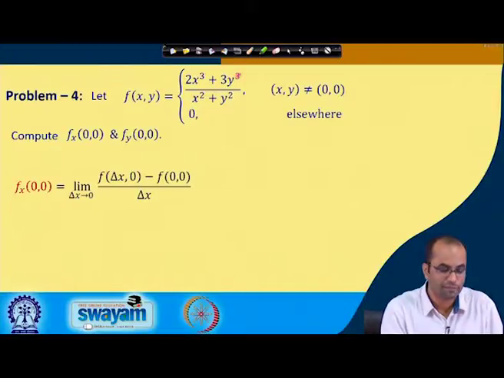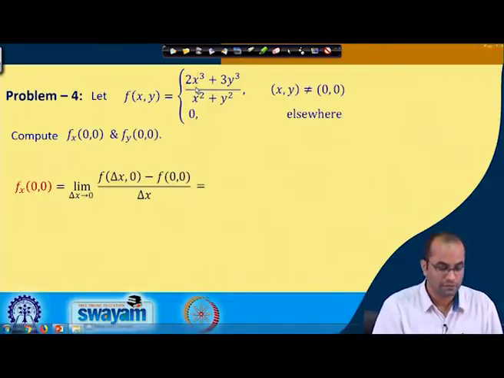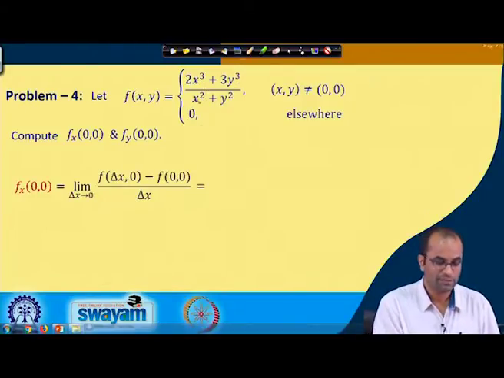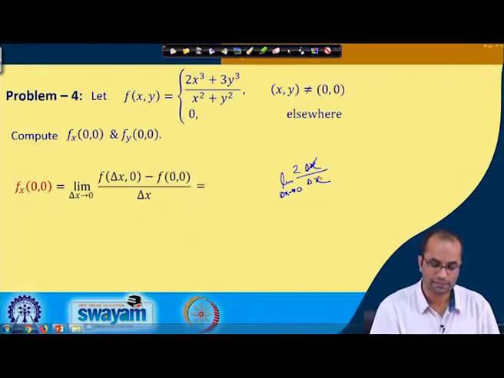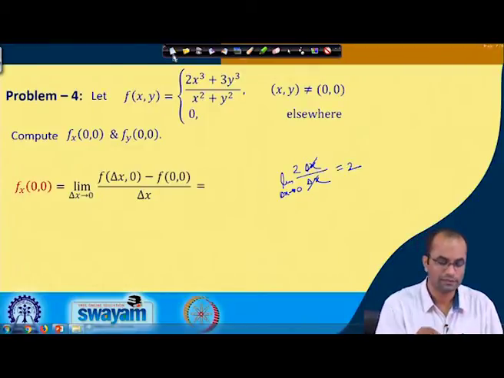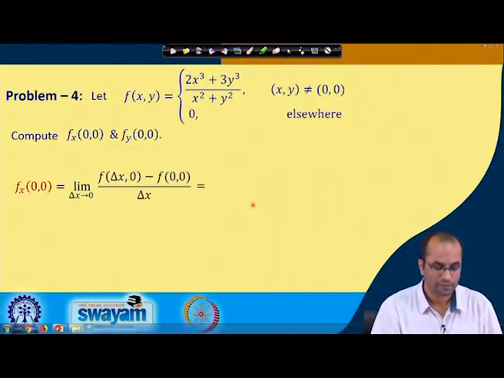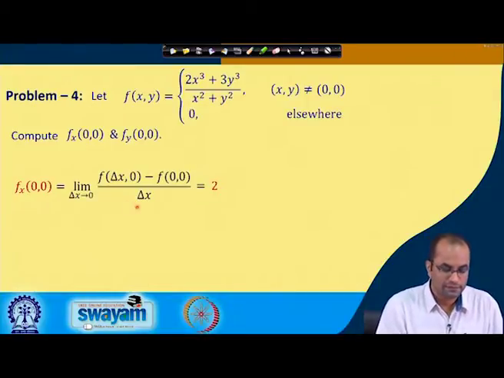So, y will be set to 0, and this function will become simply 2 times x. So, we will get 2 times delta x divided by delta x, and then limit delta x goes to 0. So, delta x gets cancelled and we will get the value 2.